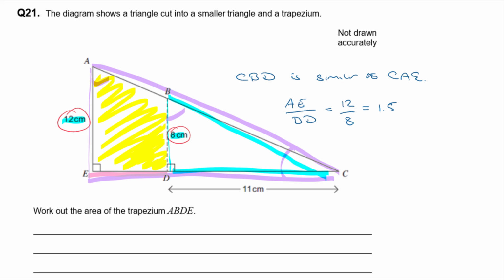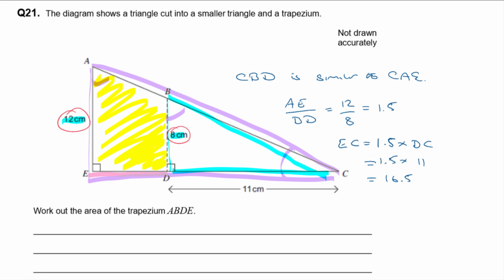Okay, so if I look at the length DC, compare it to the length EC, then EC, the longer one of the two, is going to be 1.5 times DC, the smaller one that it matches with. Okay, so that's going to be 1.5 times 11. So what's 11 and half of 11? That's 16.5 then, isn't it?